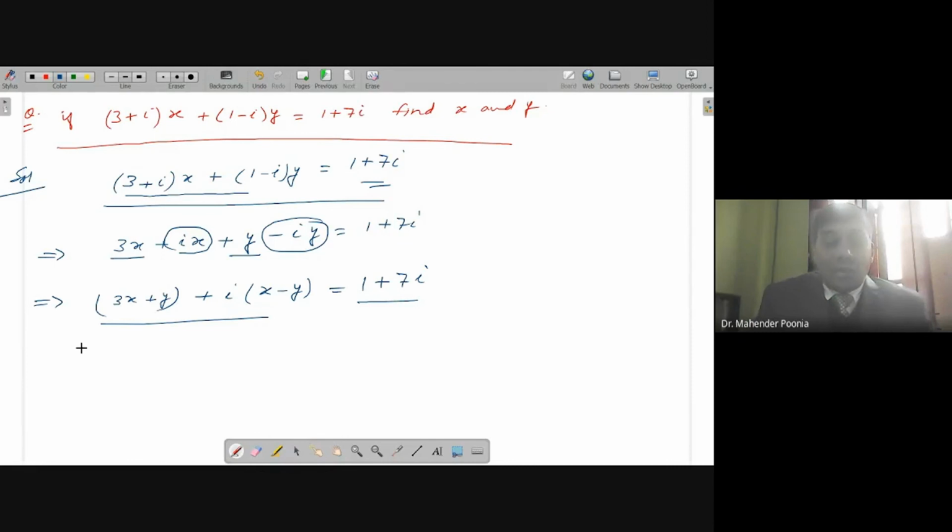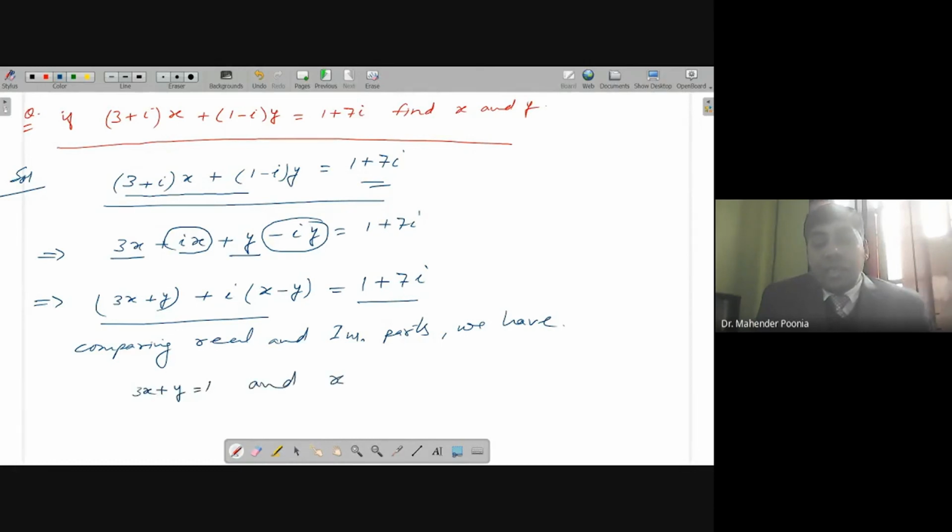So both sides are in the form a plus iota b. Now comparing real and imaginary parts, we have 3x plus y is equal to 1 and x minus y is equal to 7.